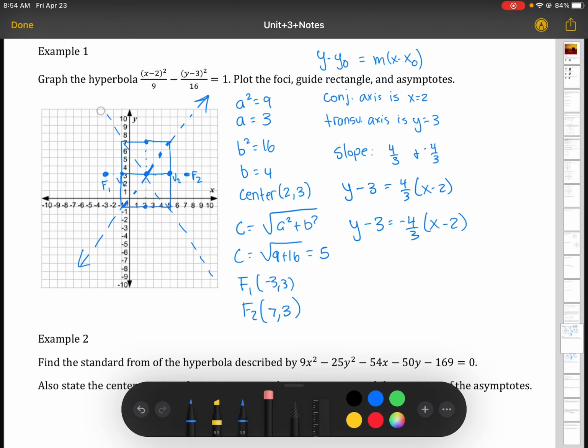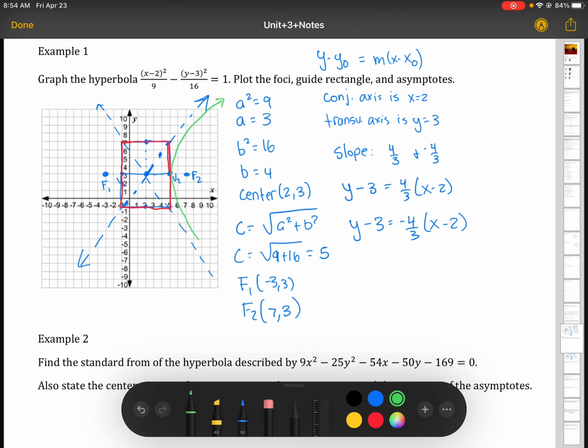All right, so we have our asymptotes. And next, the last part is you draw the curved part of the hyperbola. Let's draw the rectangle in a different color too. So we'll put the rectangle in red so that we can differentiate it between that and our hyperbola. So let's draw the hyperbola in green. So then you just get very close to the asymptotes.